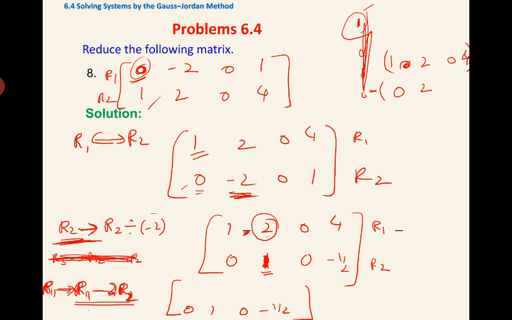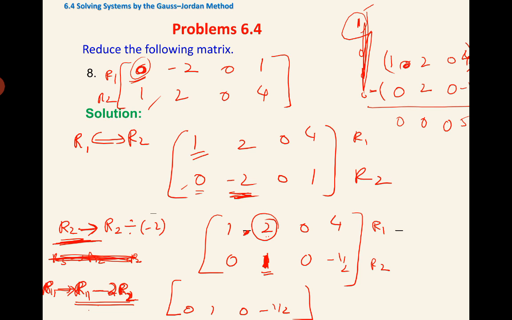There is no negative here. Second row is multiplied by 2: 2, 0, 2, 0, minus 1. Now subtract: 1 minus 0, 0, 2 minus 2 is 0, 0 minus 0 is 0, and 4 minus minus 1 is 5.